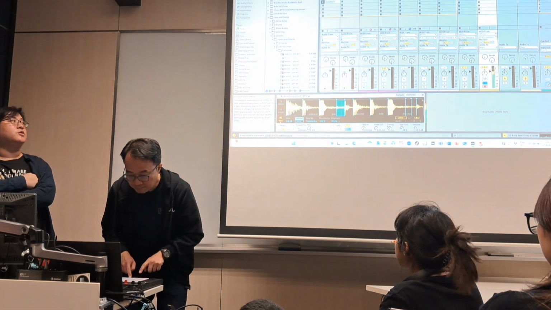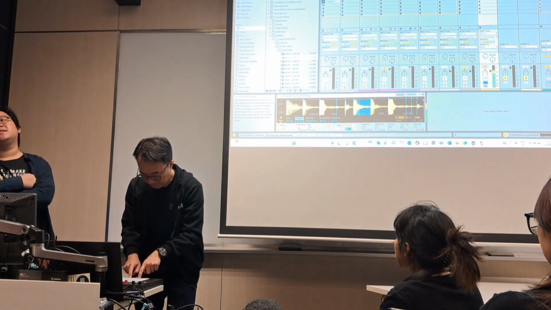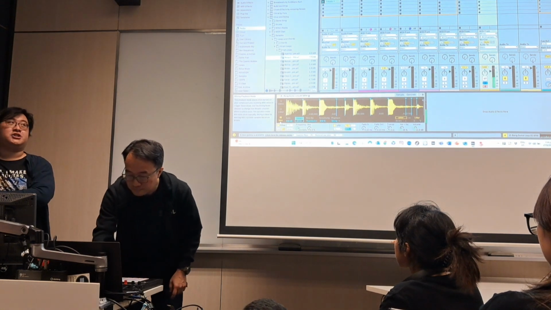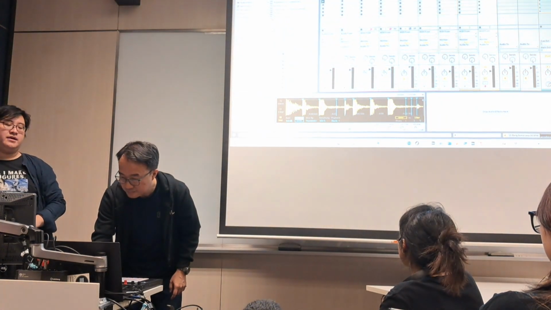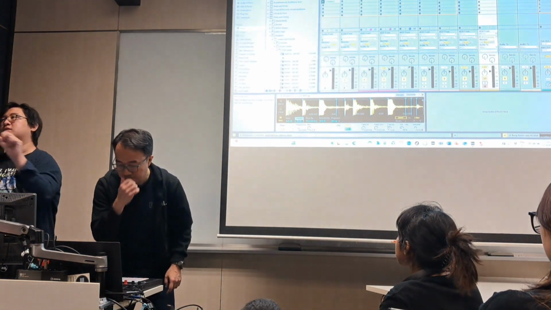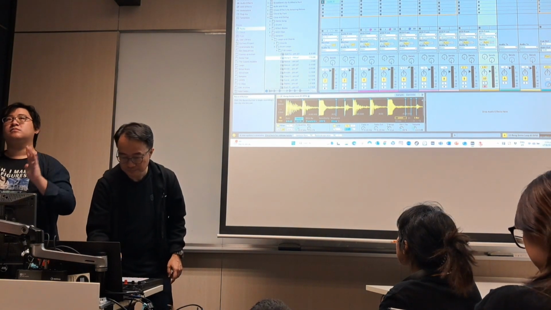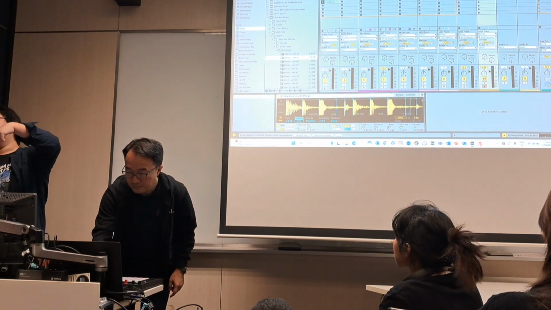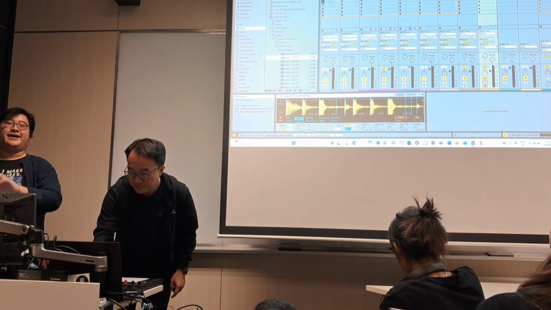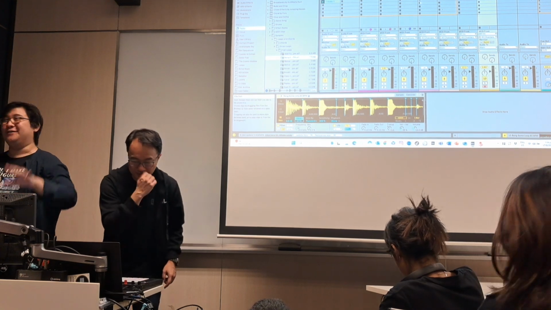So in this mode, called slice mode, Ableton basically detects the attack portion, the spikes in the audio, and then it puts a marker there. And now you can play all these individual slices and play them out of order. So it's not just you pressing it and then it's just playing through. You can customize the order and you can make a drum kit out of the sample.